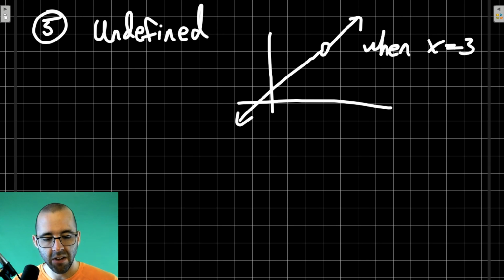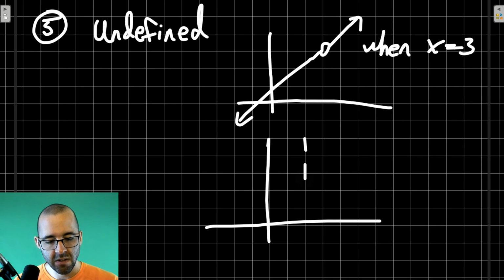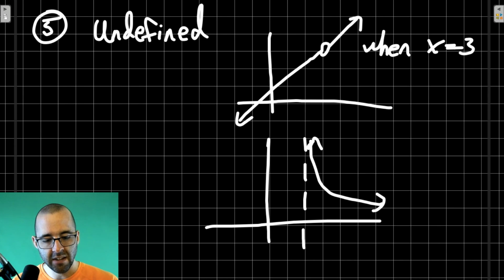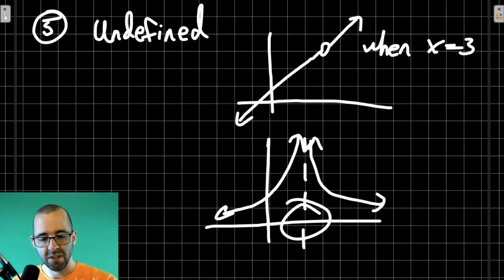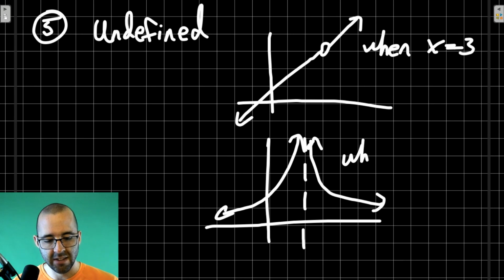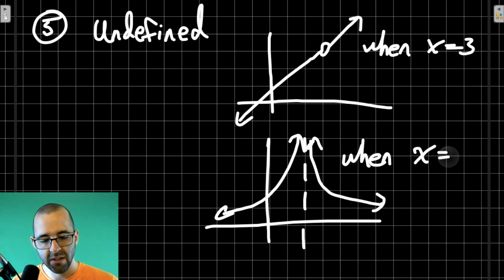Right, it's undefined at that hole. But it can also appear with like asymptotes. Let's say I'm looking at this transformed squared reciprocal function. There's an asymptote at x equals 2, so we'd say undefined when x is equal to positive 2 as well.